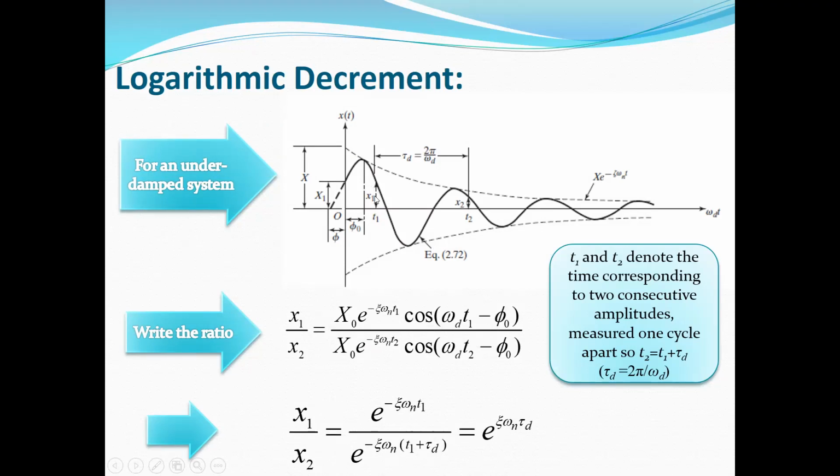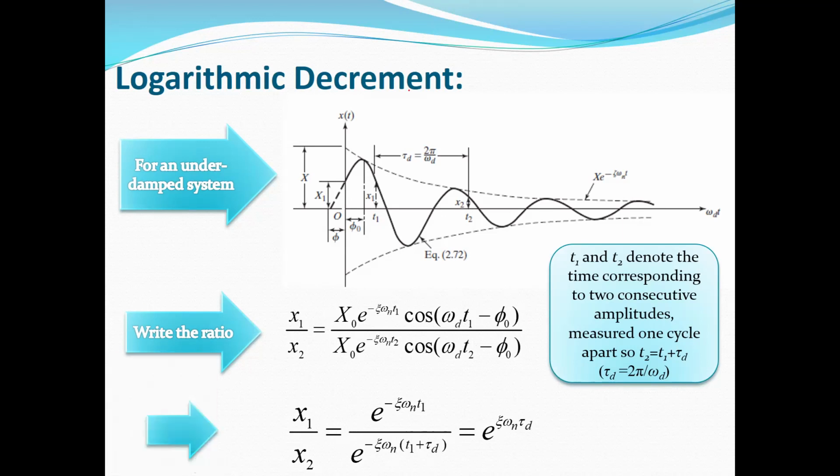Instead of t, we substitute t equal to t1, and for x2 we substitute t equal to t2, and then we find the ratio of x1 to x2 by simplifying this equation, because we know that t2 is equal to t1 plus the period, and the period is equal to 2 pi divided by omega d.